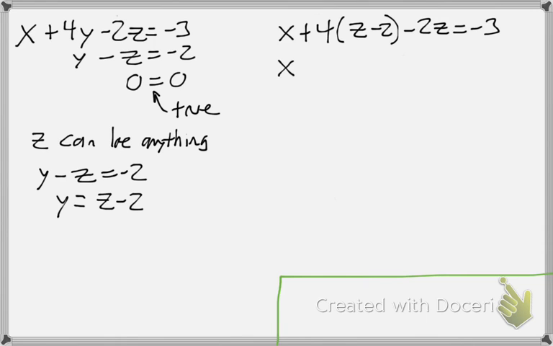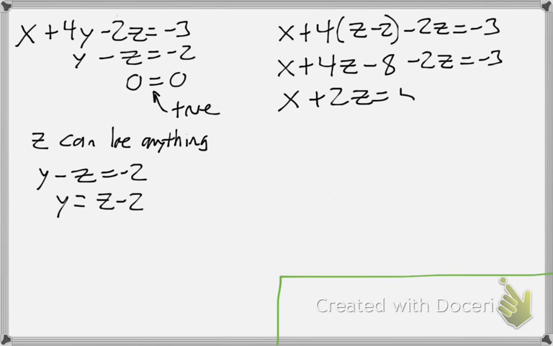So x plus 4z minus 8 minus 2z is equal to negative 3. This will be x plus 2z is equal to 5. And x is equal to negative 2z plus 5.